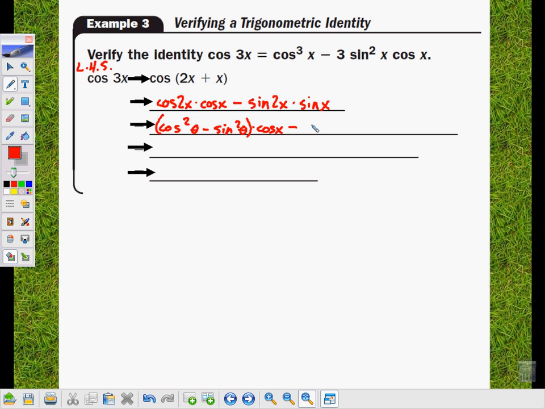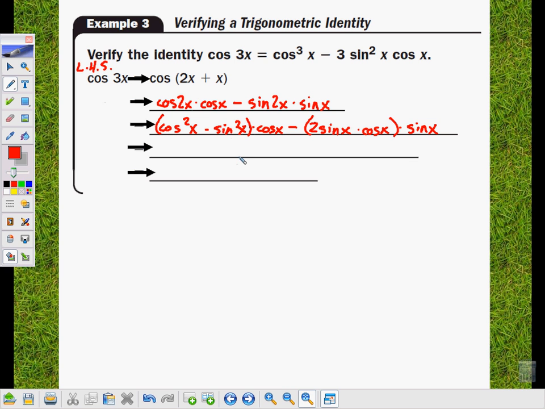Oh, we only have one formula for that, fortunately. That's 2 sine x cosine x, and then times sine x. Oh my gosh, I just made an error. I'm sorry. In this one, I used theta. So try and keep that straight. I've been using theta so much recently that I wanted to use it again here. But I should be using x.